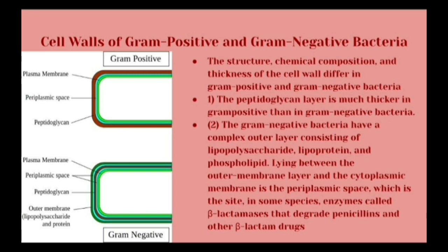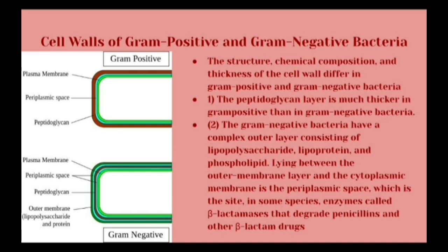The structure, chemical composition, and thickness of the cell wall differ for gram positive as well as gram negative. The peptidoglycan layer is thicker in gram positive than in gram negative bacteria. You can observe that there is a purple line in gram negative; that is the peptidoglycan. In the red layer seen around the gram positive, the outermost layer is the peptidoglycan. So there is a difference in thickness of peptidoglycan.